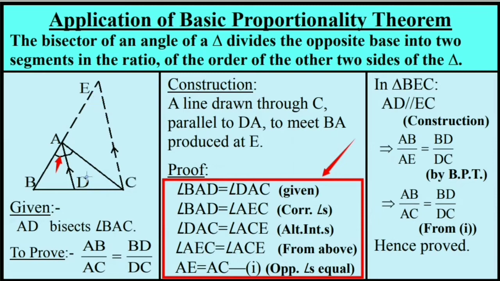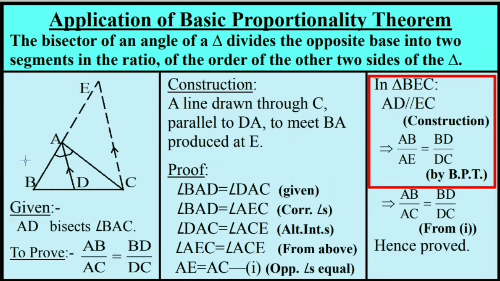Next, angle DAC is equal to angle ACE, alternate interior angles are equal, because again AD is parallel to EC. So from all the statements, I find that in triangle AEC, angle AEC is equal to angle ACE. Hence AE is equal to AC, because in triangle AEC, the opposite angles E and C are equal, hence their opposite sides AE and AC are equal.